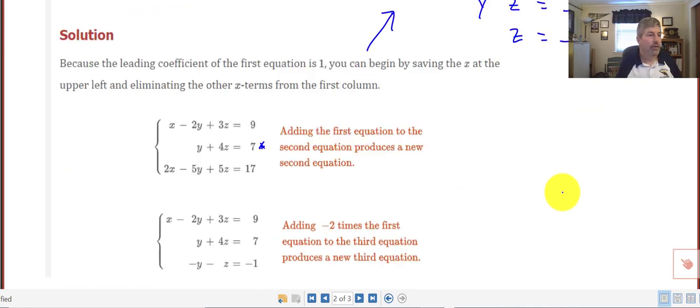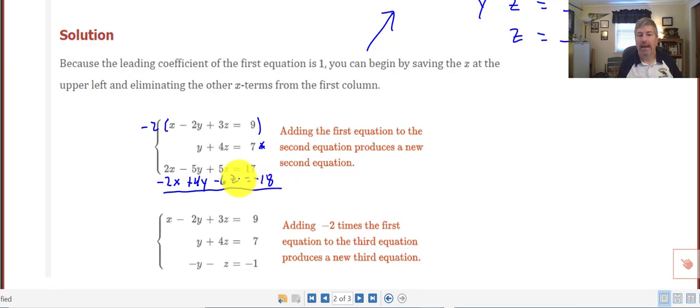The next thing we're going to do is add negative 2 times the first equation to the third equation. And why we're doing that is we're going to get this x to drop out. So if we multiply the top equation here by negative 2, we get negative 2x plus 4y minus 6z equals negative 18.